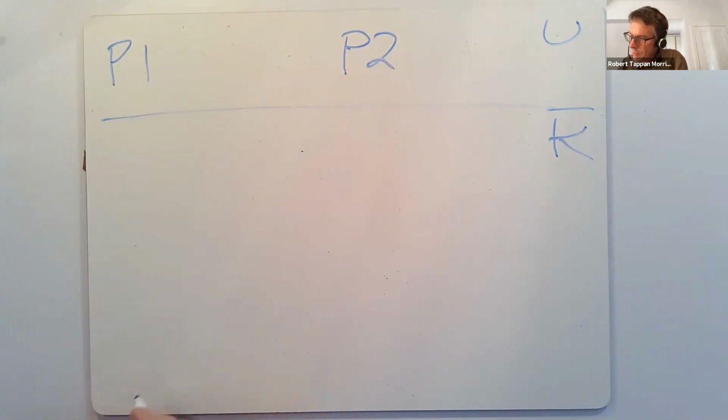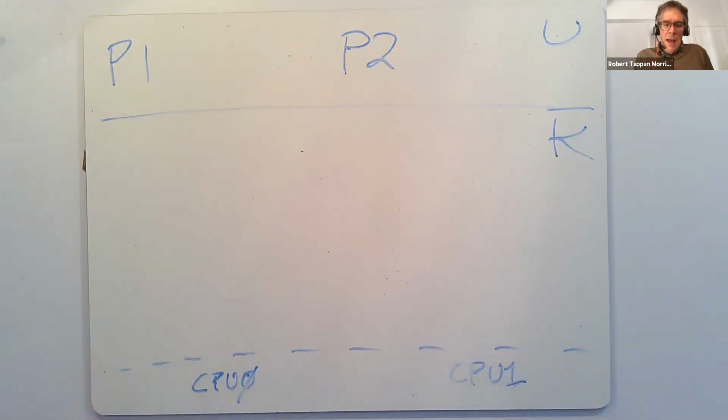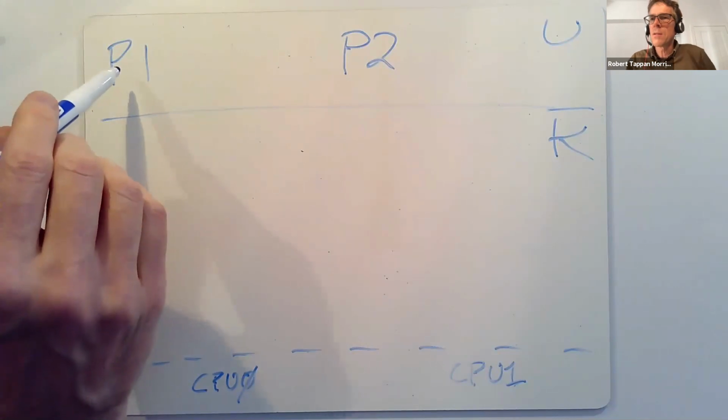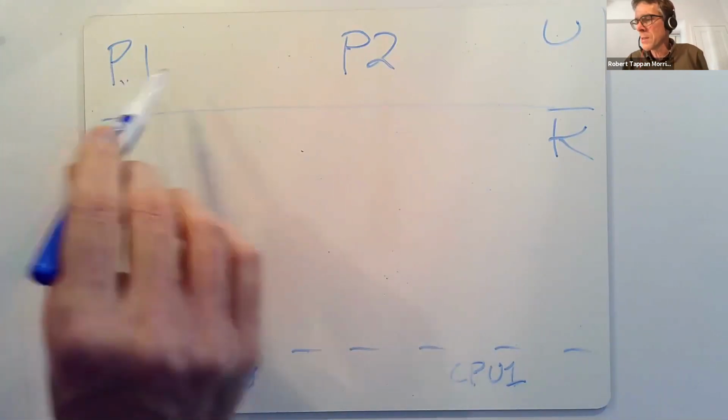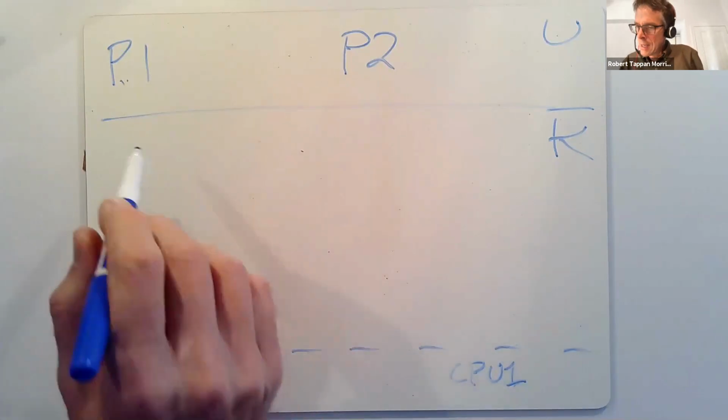So at the hardware level, we have CPU 0, which is one of the cores, and let's say CPU 1. And the more full story is about how we get from executing in user space in one process to executing in user space in another runnable but not yet running process.